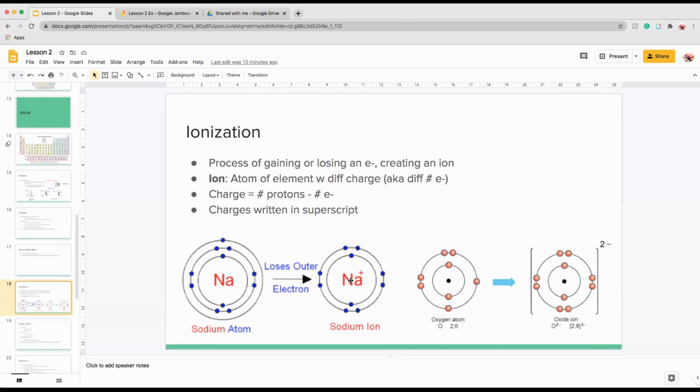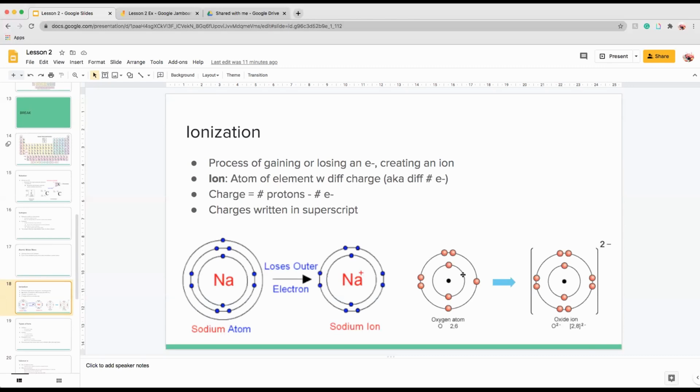We know that sodium itself has 11 protons. And if we count the number of electrons on here, 1, 2, 3, 4, 5, 6, 7, 8, 9, 10, we'll know that there's 10 electrons. And remember, to find the charge, you take the number of protons of that element, and then you subtract the number of electrons in the ion. So in this case, it's 11 minus 10. So the charge of this ion is +1.